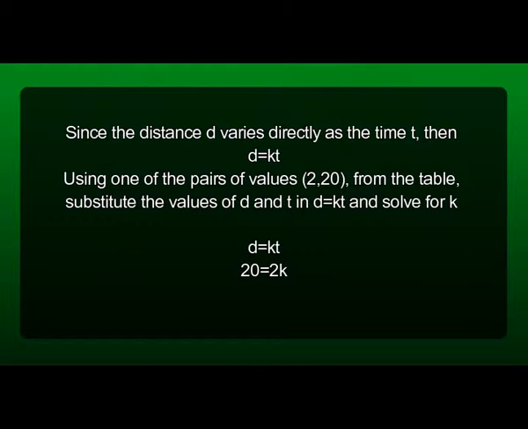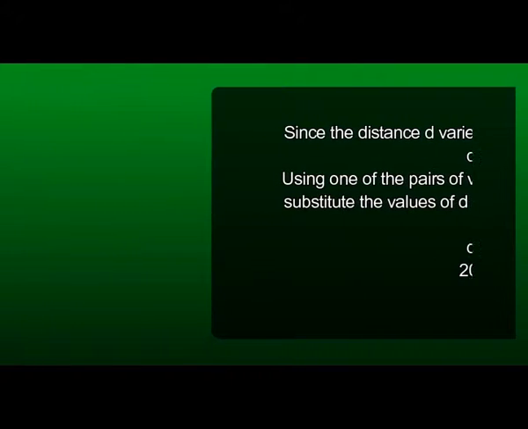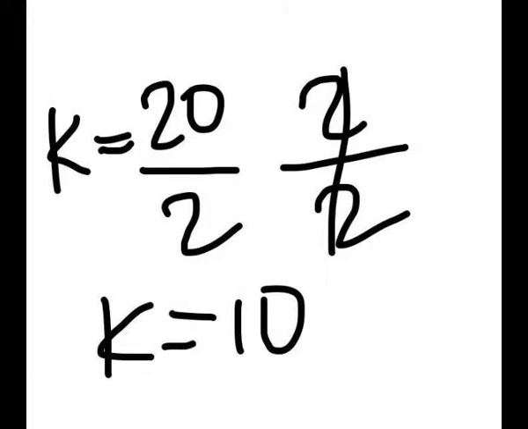Using one of the pairs of values, 2 and 20 from the table, substitute the values of d and t in d is equal to kt and solve for k. d is equal to kt. 20 is equal to 2k, and divide both sides by 2. Therefore, the constant of variation is 10.